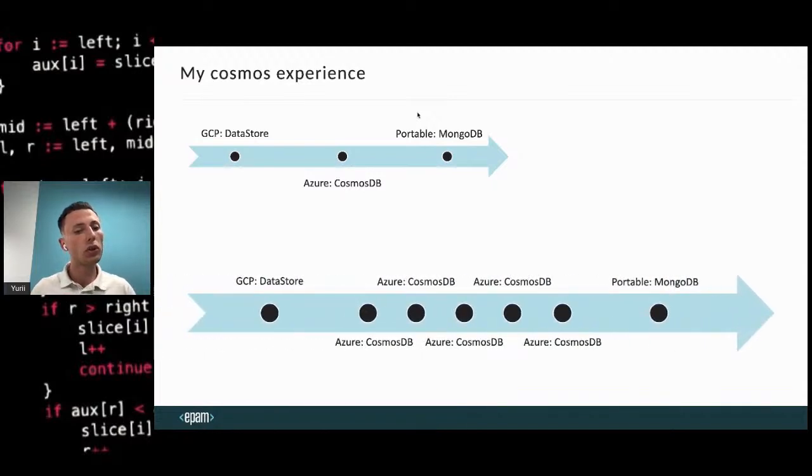And it really looks like this: GCP, and then CosmosDB, CosmosDB, and then 3 times again and again CosmosDB. There are many tweaks and many things that we have to understand when we are using CosmosDB. It's like the things with the cosmonaut.